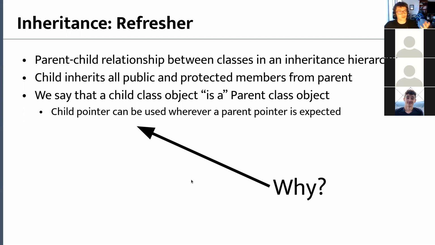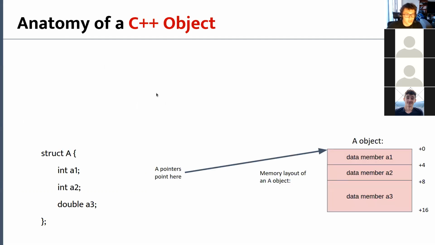How do they implement objects in a hierarchy? How are virtual functions working under the hood? So what objects look like in general is they are as efficient as they can be. They are just the data members stacked up as tightly packed as they can be.